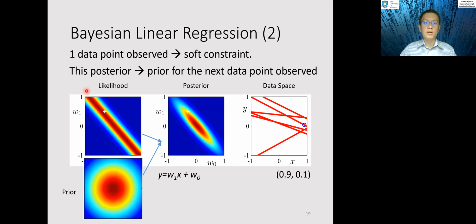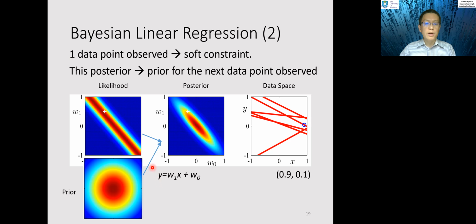That is also a line, but with some variance, and you can actually compute it analytically. So this is the likelihood of this data point.